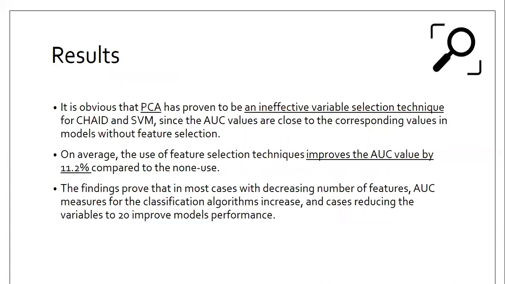And so, briefly, results about it. As we can see, PCA has proven to be an ineffective variable selection technique. Also, the use of feature selection techniques improves the AUC values by 11% compared to not using them, and the optimal number of features is 20.